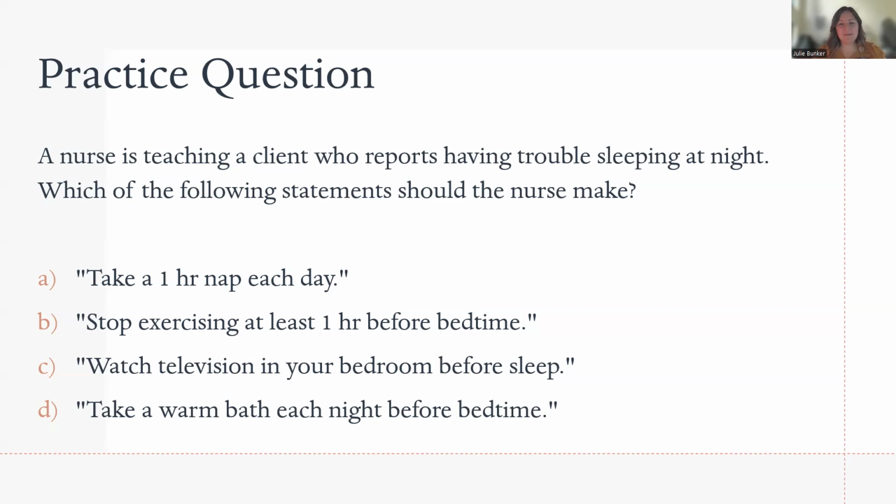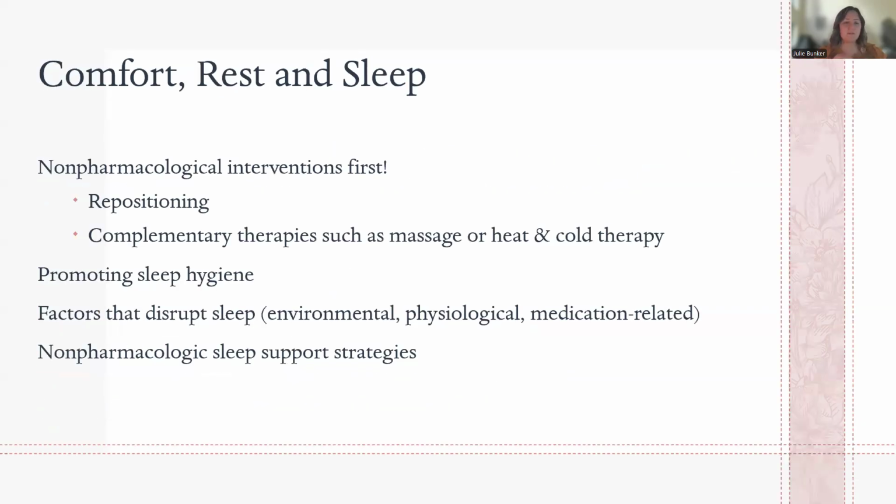If they stop sleeping well at night, their naps are too long during the day, they have too many naps during the day. But same with adults. Again, elderly people are basically just big babies. I don't say that offensively, but it's true. So avoid naps. In general, we want to avoid naps. What is going to help a patient sleep that's having trouble sleeping? Taking a warm bath, doing something to relax at nighttime. Okay. Very commonly asked about comfort, rest, and sleep.